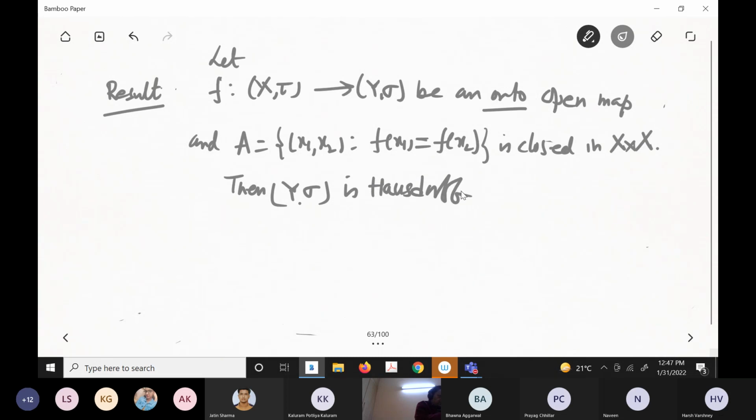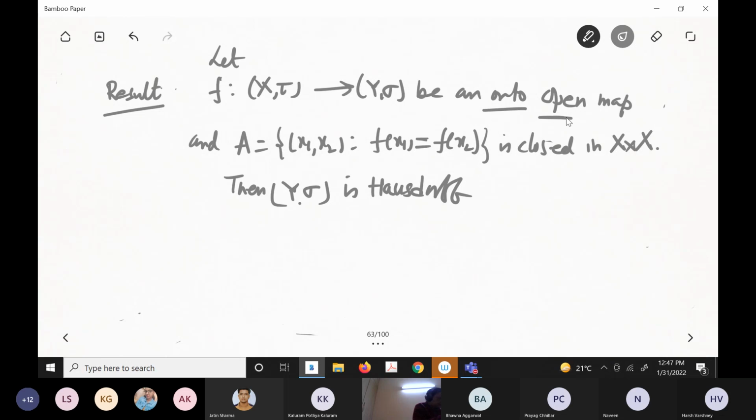Look here, I'm assuming this is open. Then Y sigma is Hausdorff. That's what I'm saying, how he is proving that.